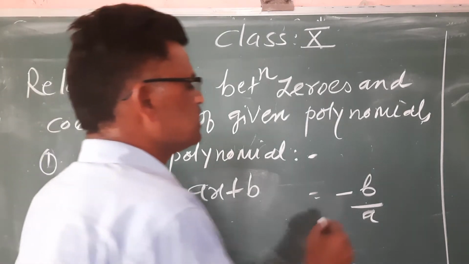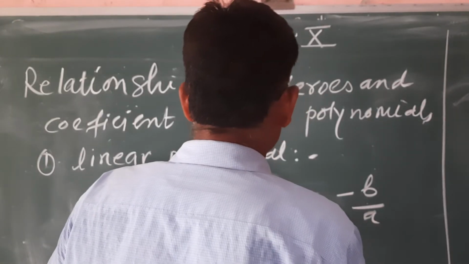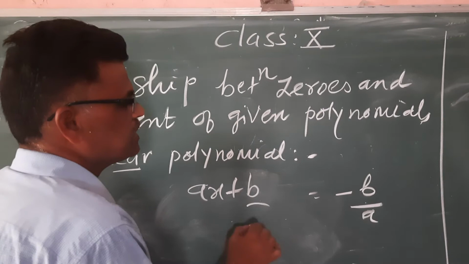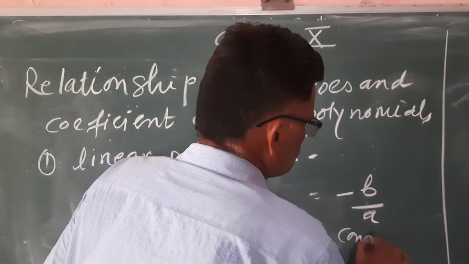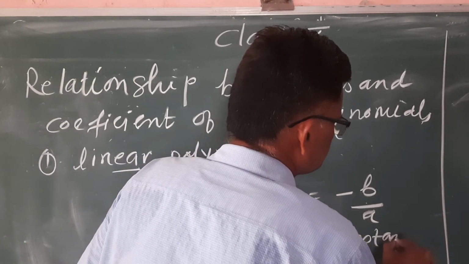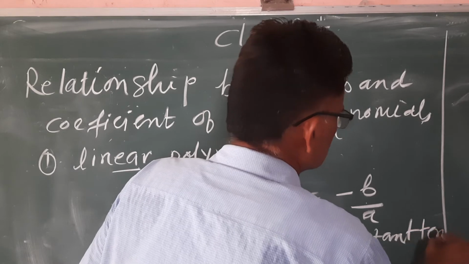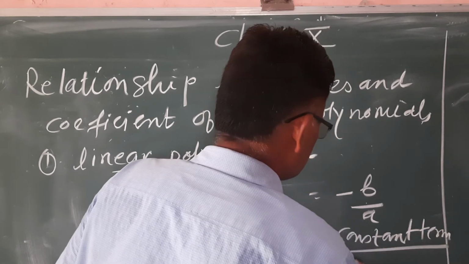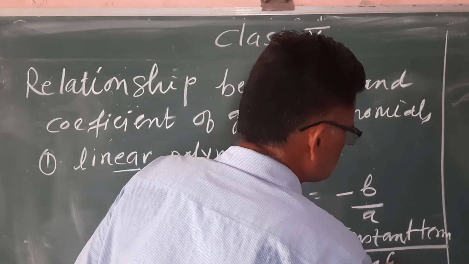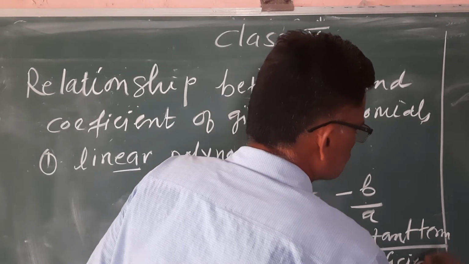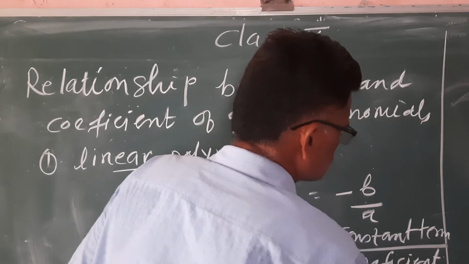Dear student, here, suppose b is the constant term: minus of the constant term divided by the coefficient of x.